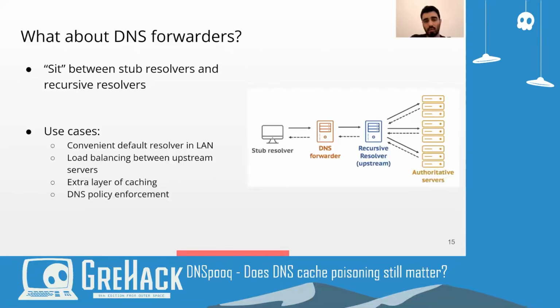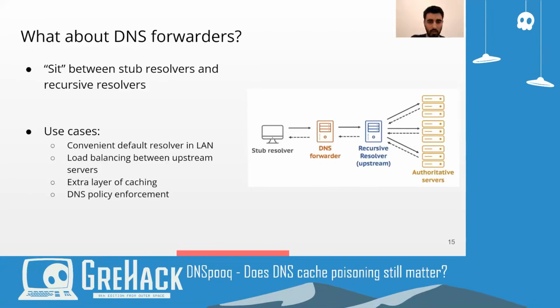But if it doesn't, then it queries an upstream recursive resolver that does a recursive lookup and gives it back the answer. And the DNS forwarder, once it gets an answer, forwards the answer to the stub resolver that originally queried it.